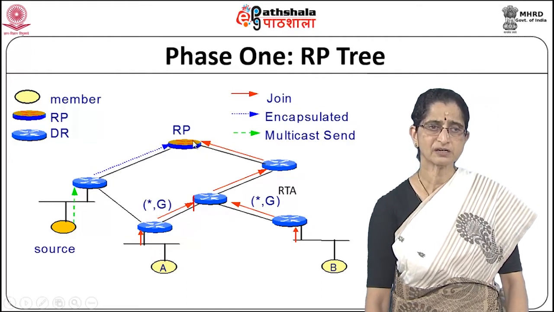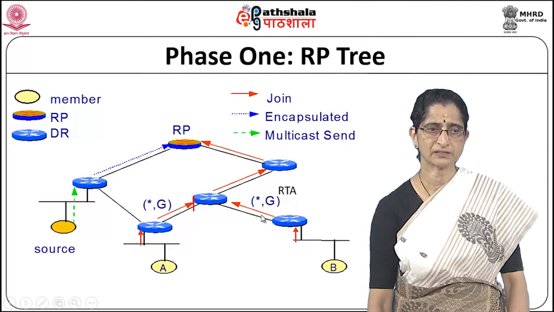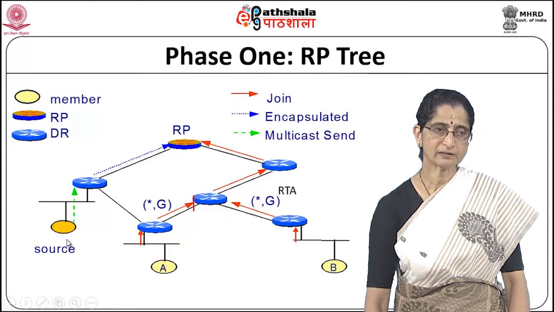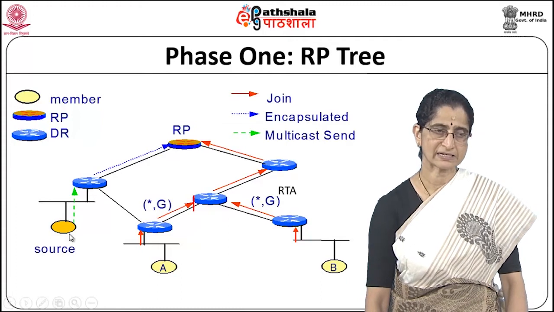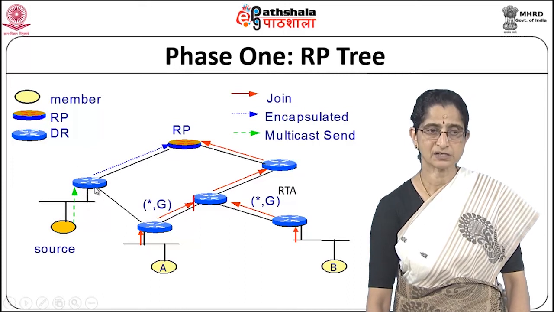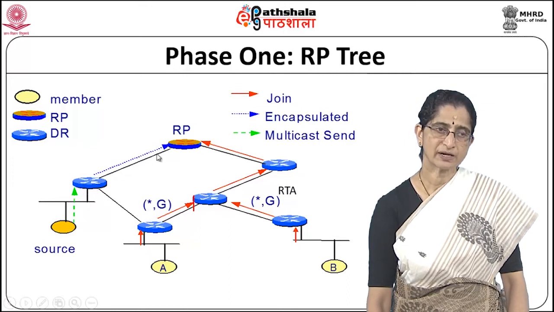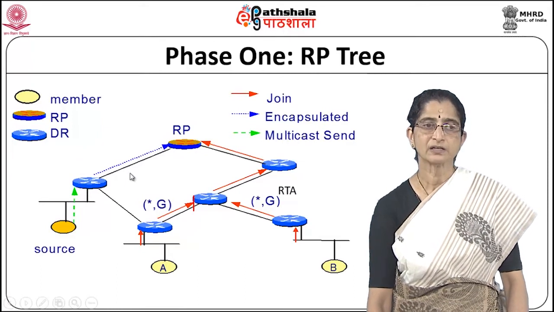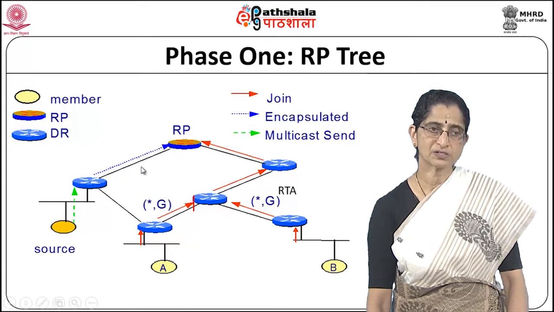Once a join is done, from the RP we have the path constructed like this. Now the source will have to do a multicast send, and that will go to the DR over here, and this designated router will now encapsulate it and send it as a unicast IP packet to the RP. Now in between there may be multiple routers that it has to go through.